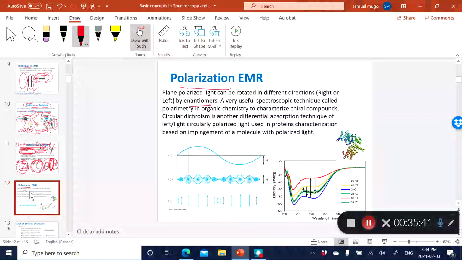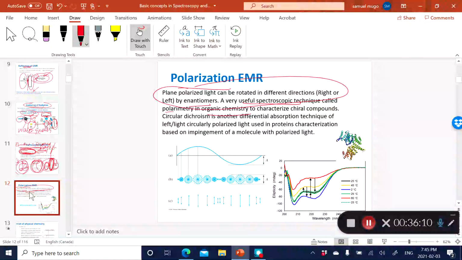And so based on that, you can differentiate what type of enantiomer, or what type of chiral molecule, is actually present. So it's a very important technique in organic chemistry, polarimetry, when you're trying to differentiate two types of enantiomers, whether it rotates a plane polarized light to the left or the right.